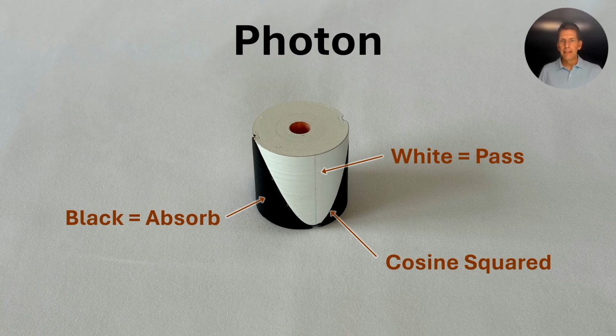That is exactly a cosine squared curve. If you've heard of Malus's law, the amount of photons that go through changes with the cosine squared of the angle. We're not going to get into that right now, but that's why that curve is there.